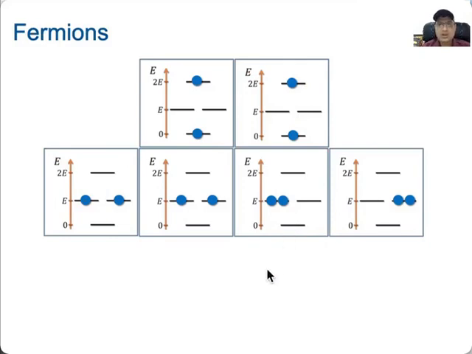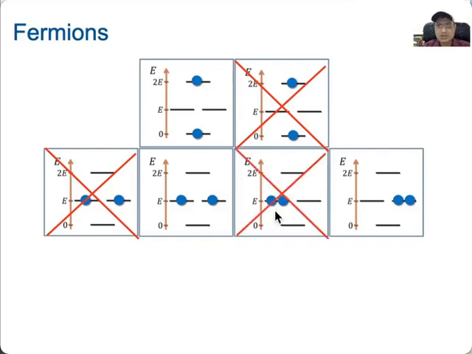Okay, now in the case of fermions, we have one more restriction. First of all, they are indistinguishable, so this will be cancelled out, and this will be cancelled out, like in bosons. Now this is not possible in the case of fermions, because two fermions or two electrons cannot have the same energy state.